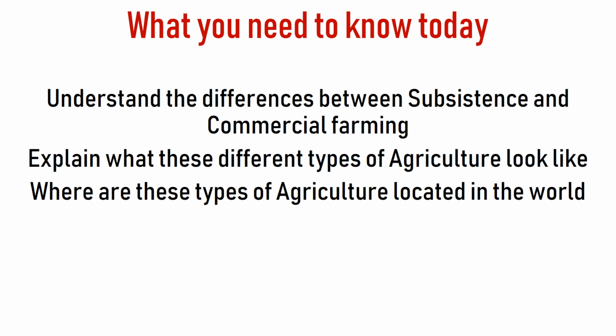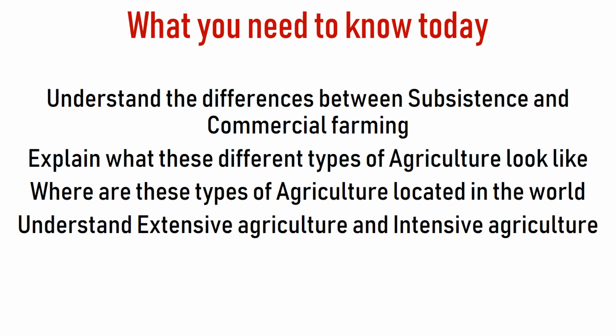Commercial is generally located in the developed world, while subsistence is generally in the developing world. And then finally, understand the difference between extensive agriculture and intensive agriculture. We're going to use these words, extensive and intensive agriculture, a little bit more when we examine some other types of agriculture, and we'll be able to apply these ideas to those.